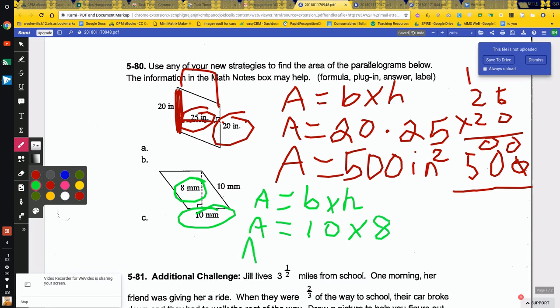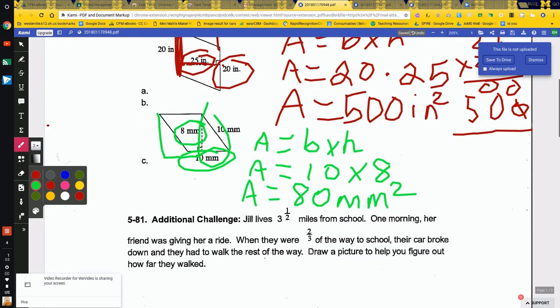Our answer then for area would be 80. And then to label, again, we need the millimeters squared. So again, we could have taken this triangle out, put it over here, had a little rectangle. You could have done it that way, and then you'd still have your base of 10 and your height of 8.